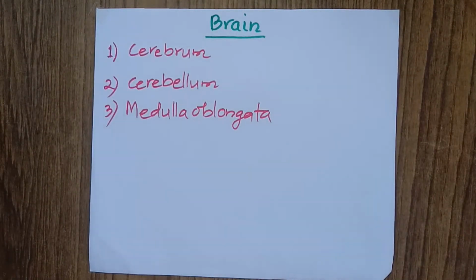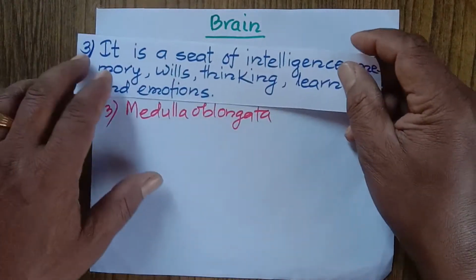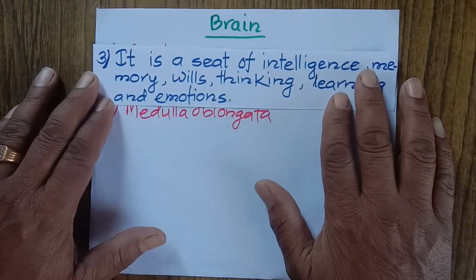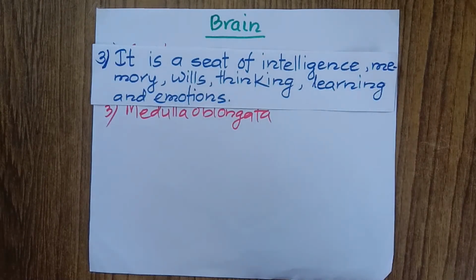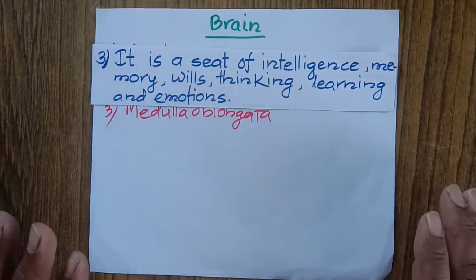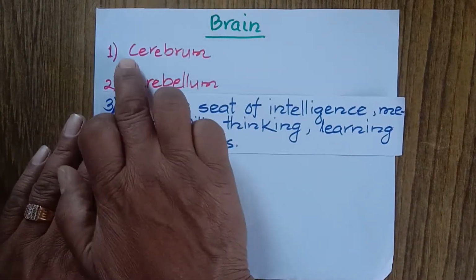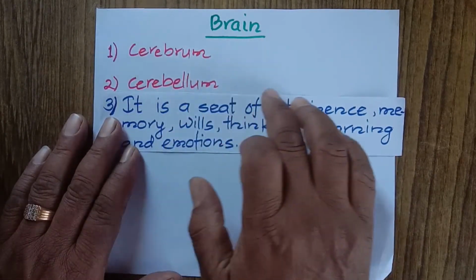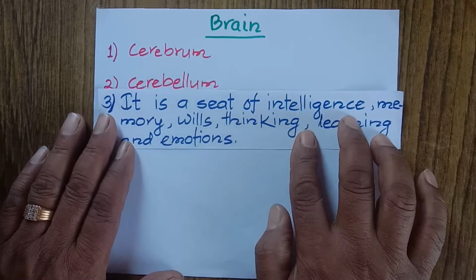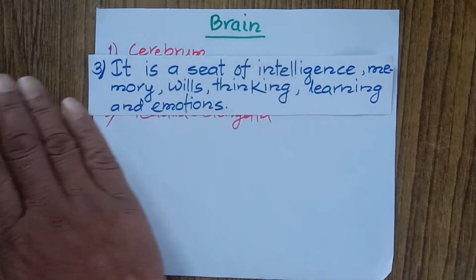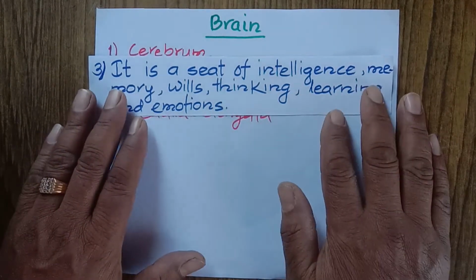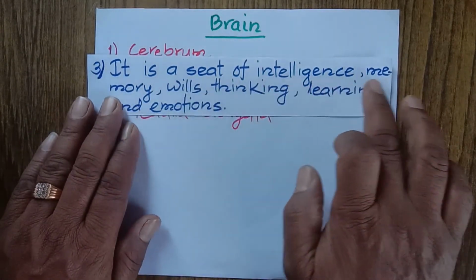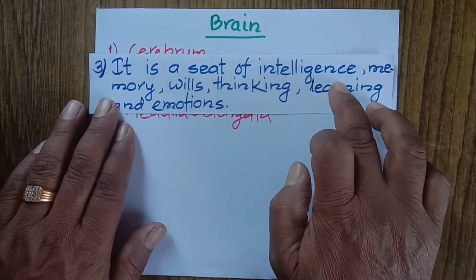Now the next and third important function of cerebrum is that it is a seat of intelligence, memory, wills, thinking, learning, and emotions. Different parts of the cerebrum, shown just before this, front side, back side, middle part, are responsible for different things.